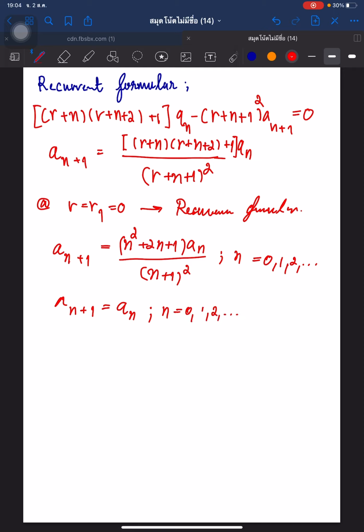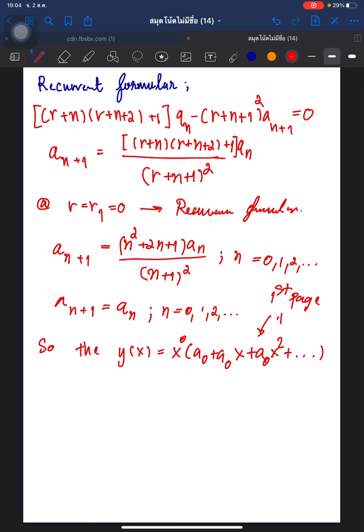So the general solution is y of x equal x to the r, and r equals 0, a0 plus a0 x plus a0 x squared plus, from the step of the Frobenius in the first page to explain.